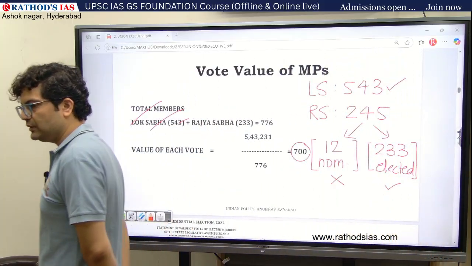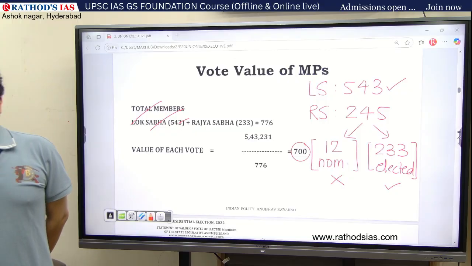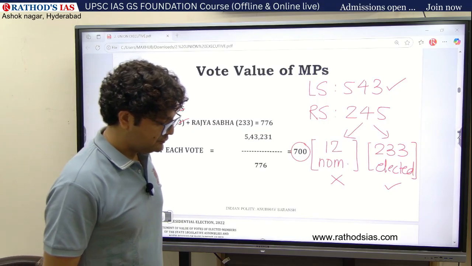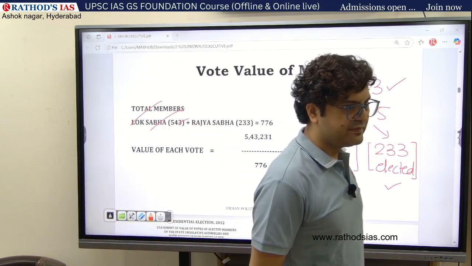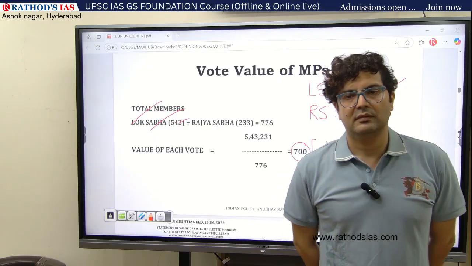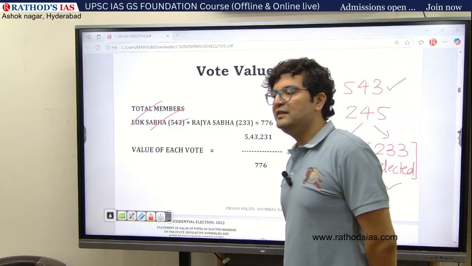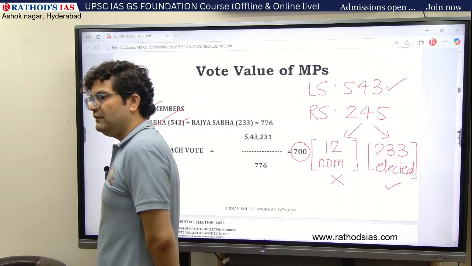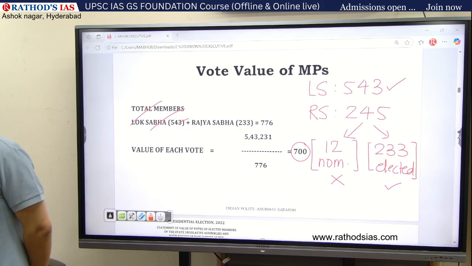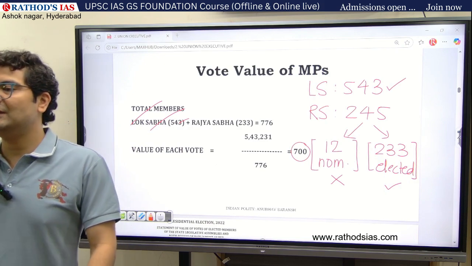Number 2, second point: vote value of MLAs varies from one state to another.